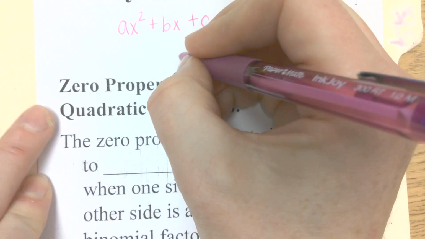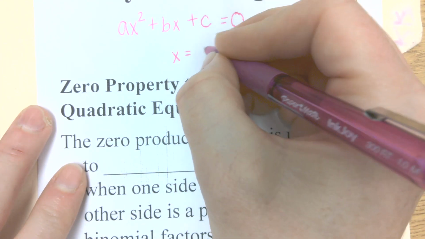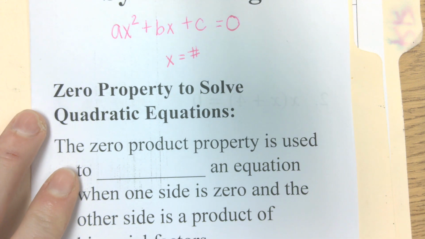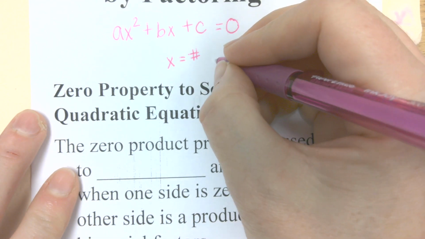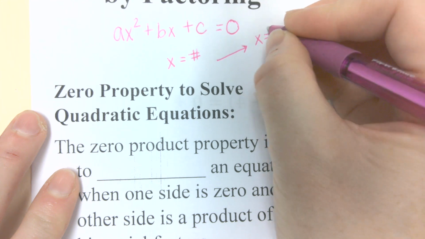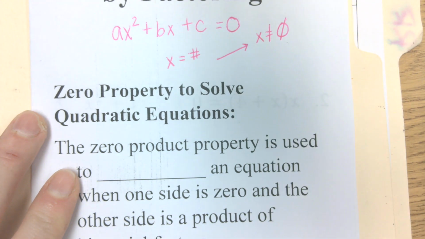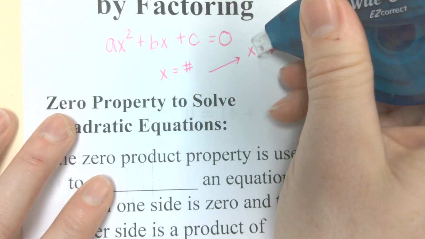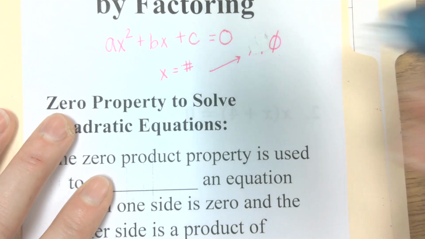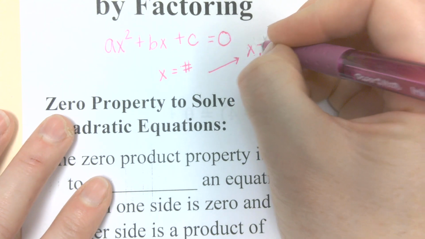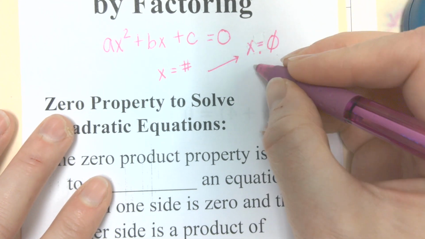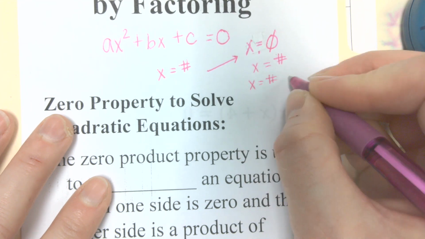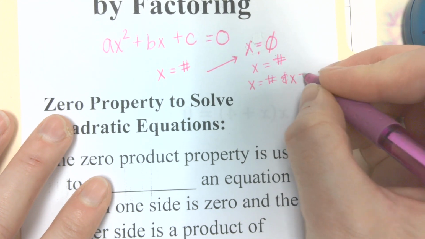So we are going to get a solution where it's x equals some number. Remember, we can have no solution. I guess I shouldn't put not equal. It should say x equals no solution, x equals some number, or x equals a number and x equals another number.